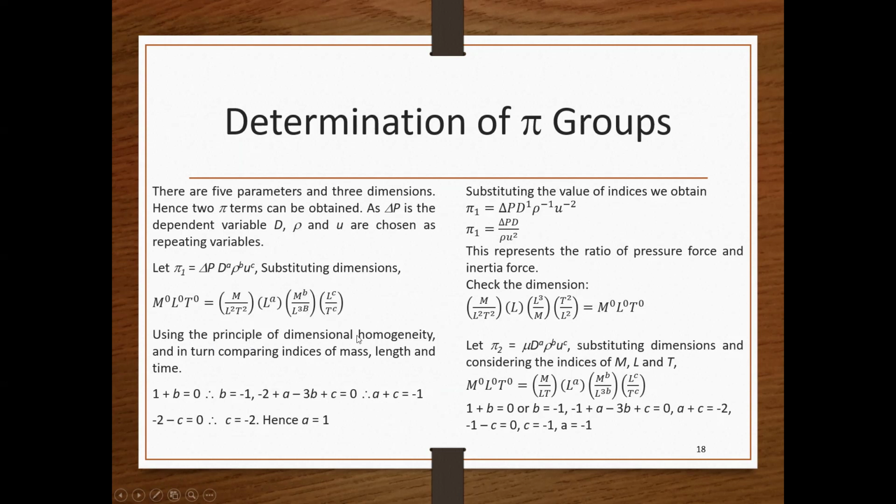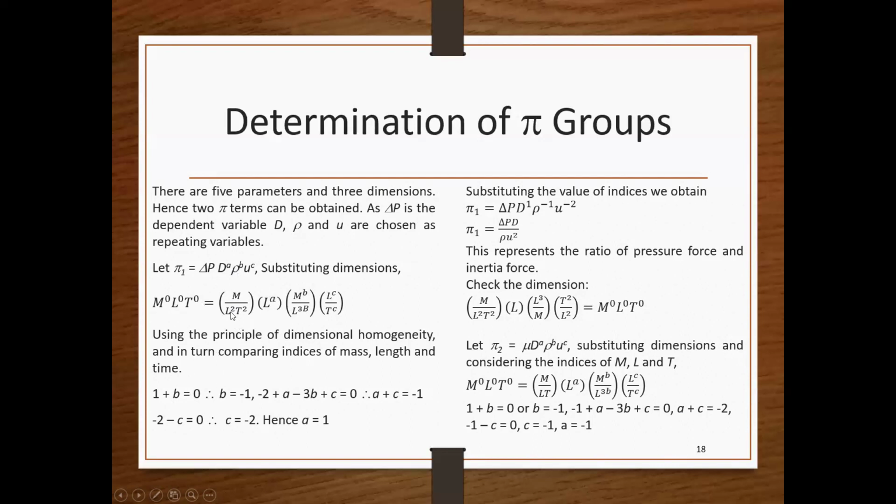So using the principle of dimensional homogeneity and comparing indices of mass, length, and time, we start with B. For M: 1 plus b is equal to 0. Therefore, b is negative 1. So you have b now.